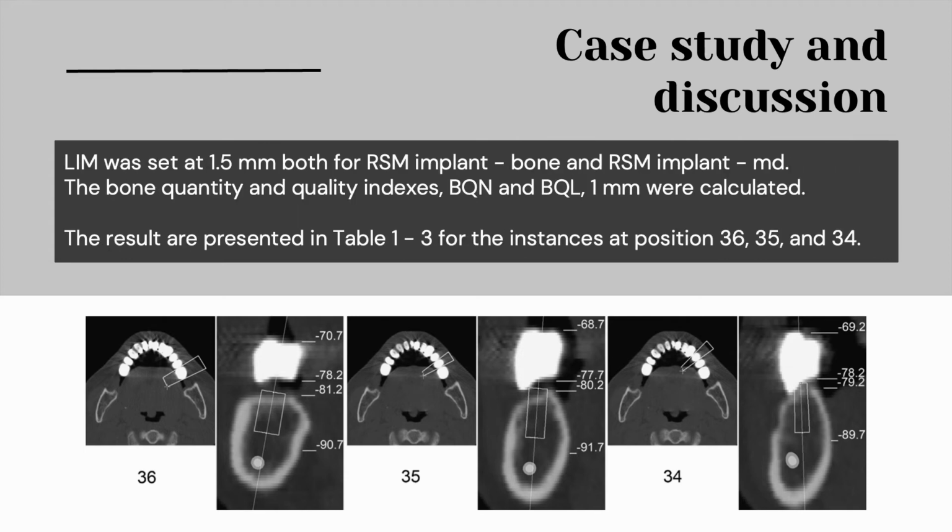LIM was set at 1.5 mm both for RSM implant bone and RSM implant mesial distal. The bone quantity and quality index at 1 mm were calculated. The results are presented in Table 1, 2, 3 for the teeth at position 36, 35, and 34.